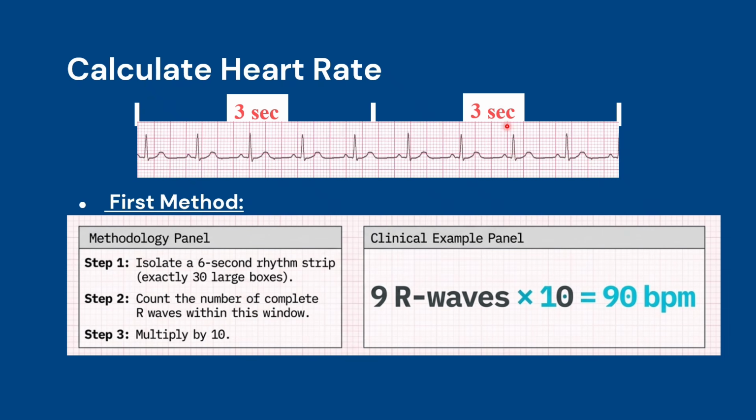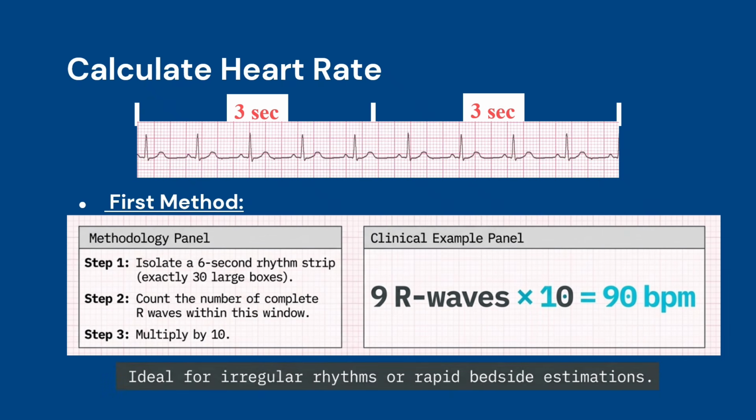And they are in 6 seconds. We need 1 minute, so multiply by 10. So multiply the number of R waves by 10, and it will give you 90 beats per minute. This is the heart rate. Actually, this is ideal for irregular rhythm or as a rapid bedside estimation.